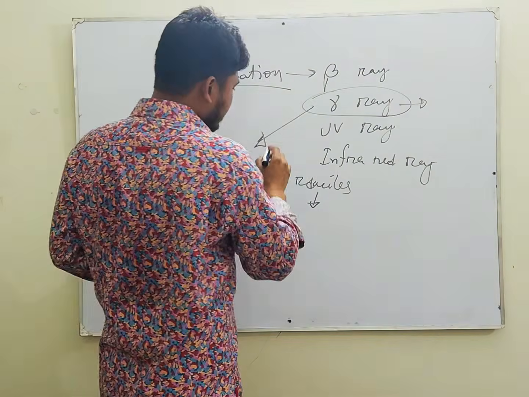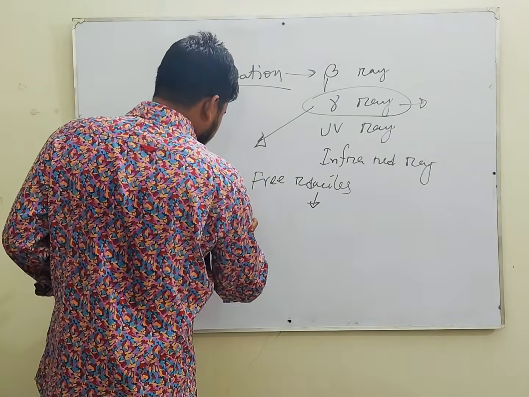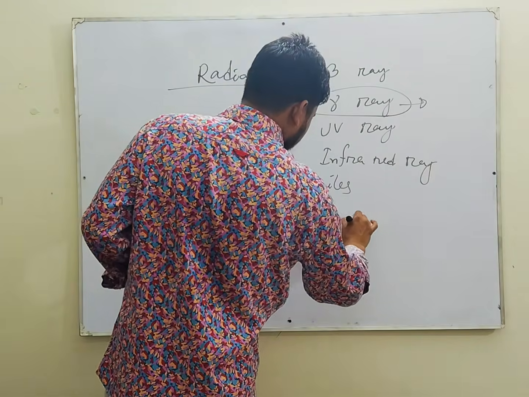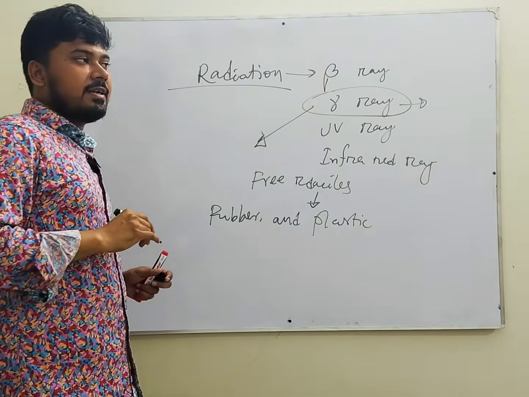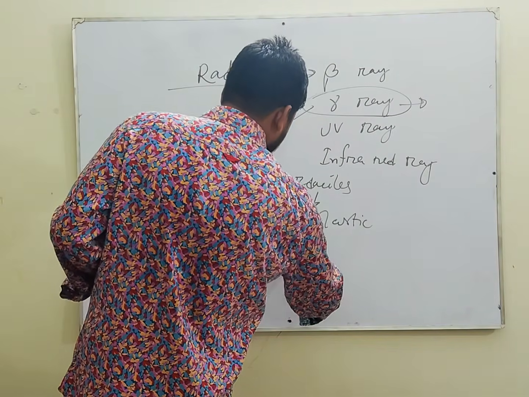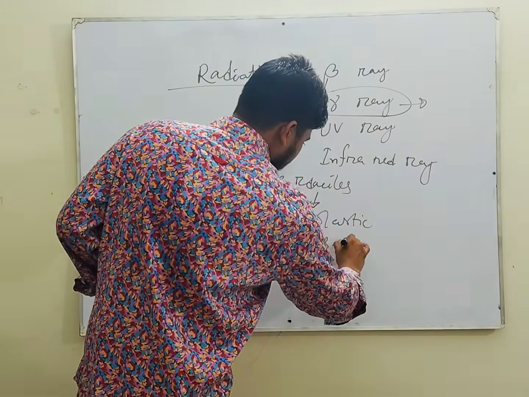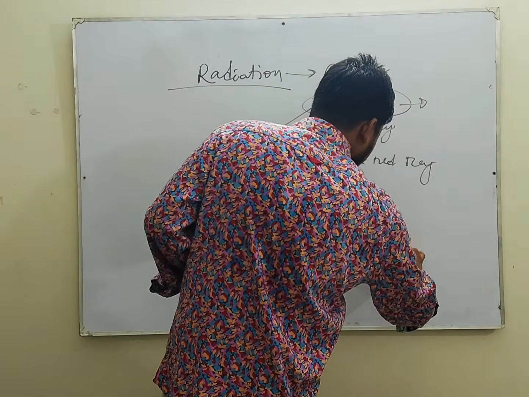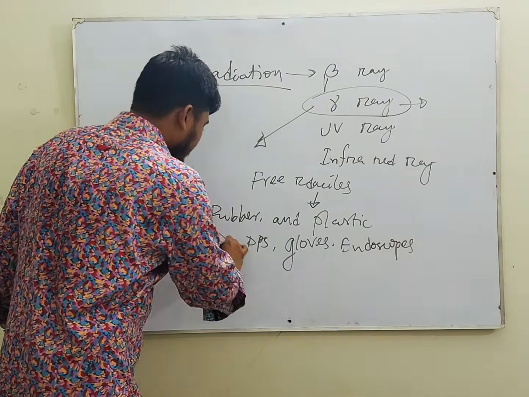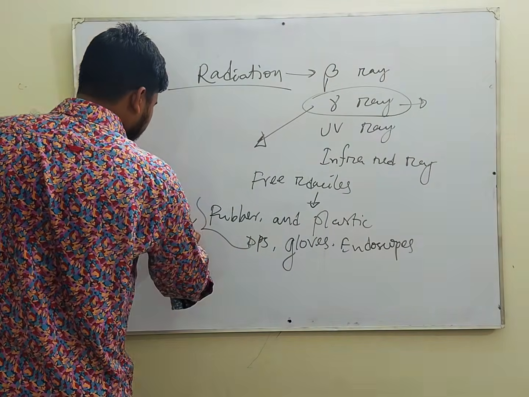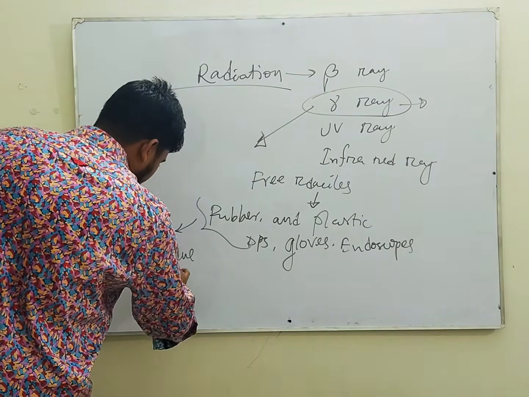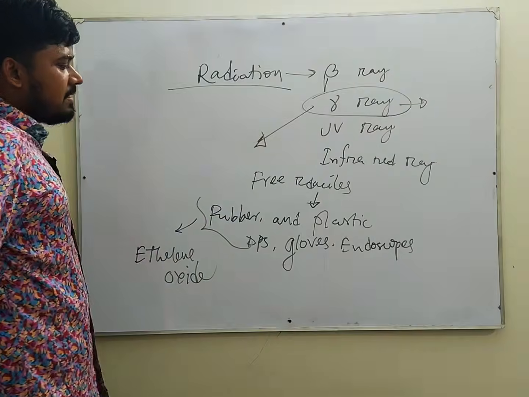By gamma radiation we sterilize rubber and plastic materials, which are heat sensitive, like disposable syringe, surgical gloves, endoscopes, etc. And these materials can be also sterilized by a chemical method called ethylene oxide.